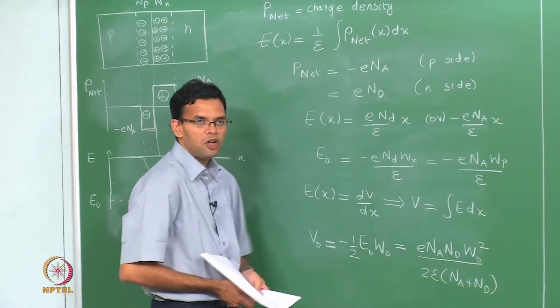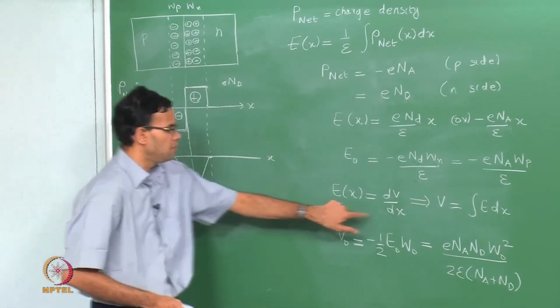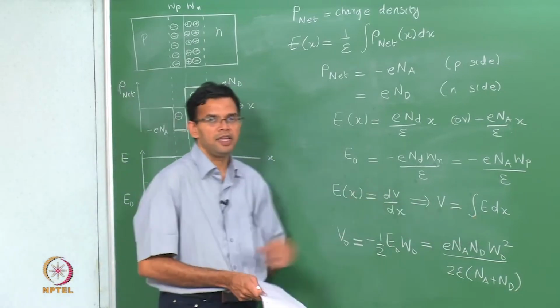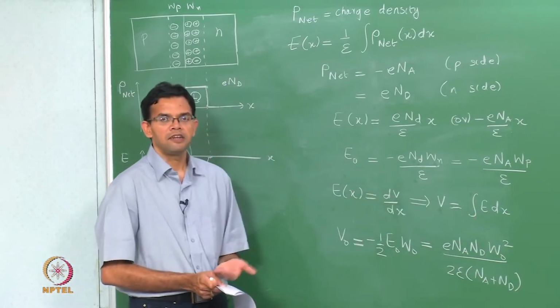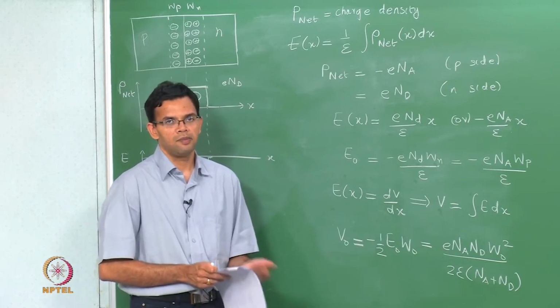We can plot V naught as a function of x. If you look at this expression, V is the integral of E dx. E is a linear function in x, so the integral of a linear function is a parabolic function.